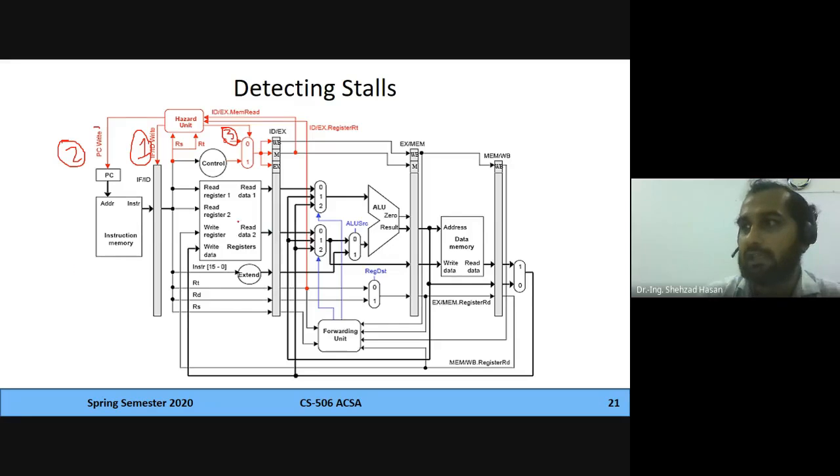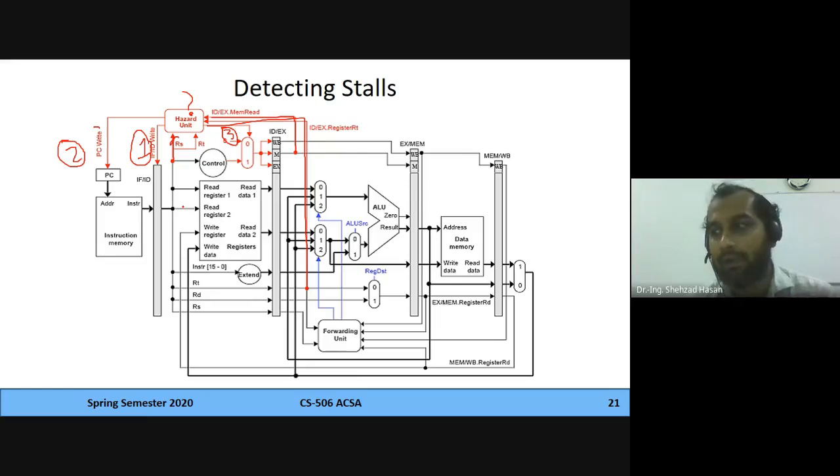So you see here that the memory read signal is going to it and some register codes are provided, the RT code and the RS and RT codes coming from this instruction. So internally what's happening, we are not concerned with that, but this hazard detection unit is going to give three outputs. One is it's going to disable the IF/ID changes, disable the program counter changes, and make all the control signals 0. And this is how you are going to insert a stall at runtime.